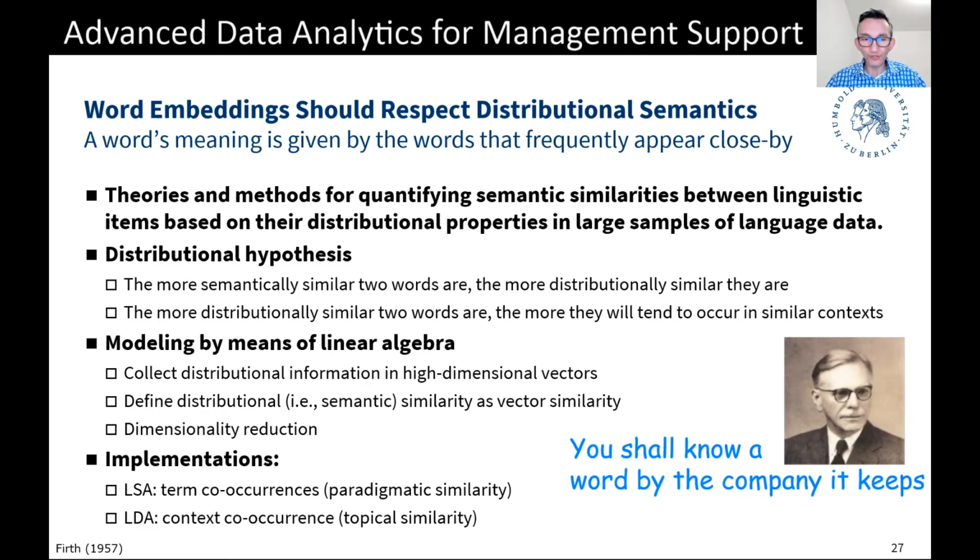Afterwards, if we collect this distributional information in high-dimensional vectors, going from this word co-occurrence matrix, we can use dimensionality reduction techniques in order to make this matrix more handy, more processable.